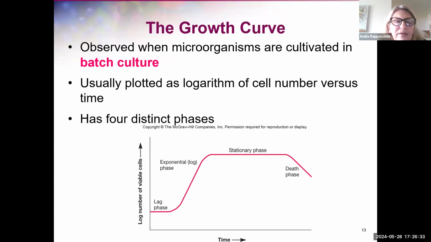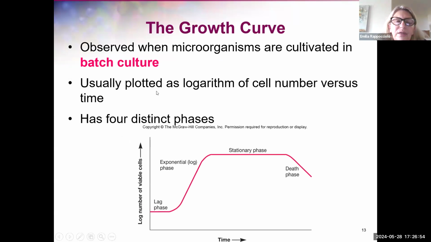And if we look at how microorganisms behave in this process, in the laboratory, when we grow microorganisms, maybe using a Petri dish, we observe that if we put on a graph the number of living cells, the number of viable cells, as a logarithm, because otherwise the numbers would be too big to put on a graph.